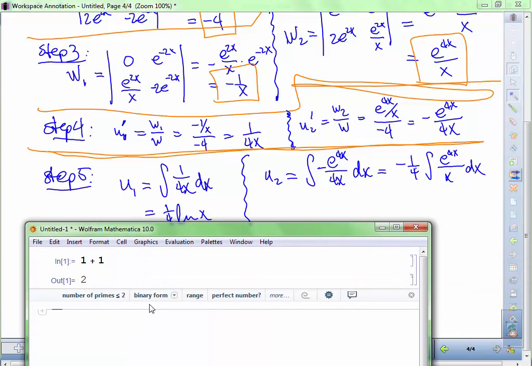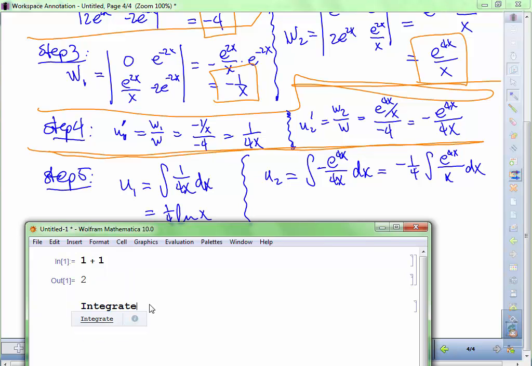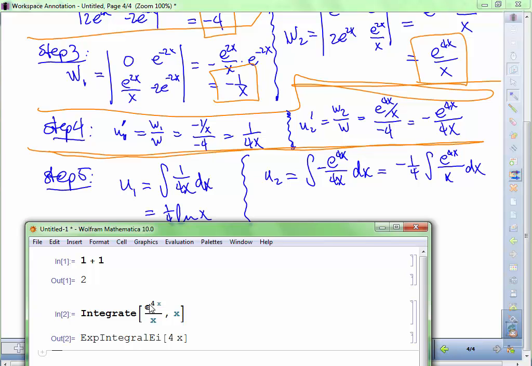So let's integrate e raised to the 4x divided by x with respect to x. All right, so it looks like the answer is the exponential integral Ei.